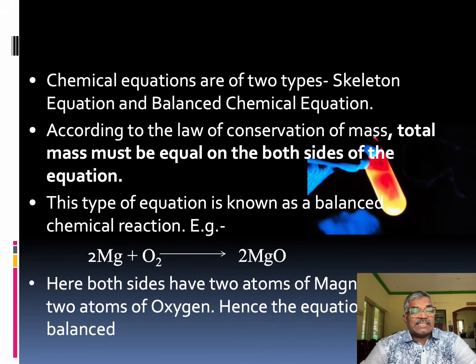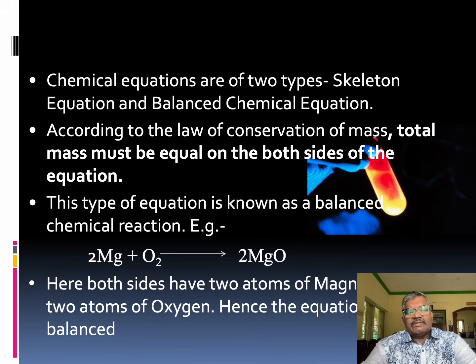To balance this, you put 2 before MgO. Now it is Mg2 and O2, but on the left hand side there is 1 Mg and 2 O, so you put 2 before Mg. Now Mg is 2 and O is 2 on the left hand side, and on the right hand side Mg is 2 and O is 2. This is a very simple method, the hit and trial method.